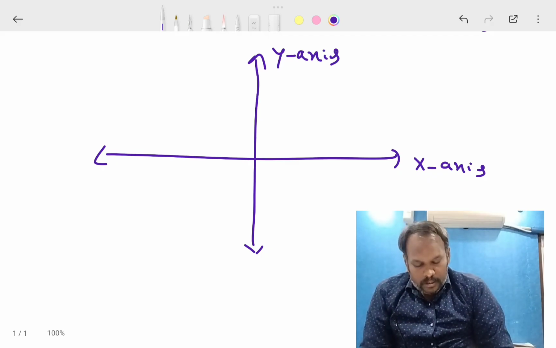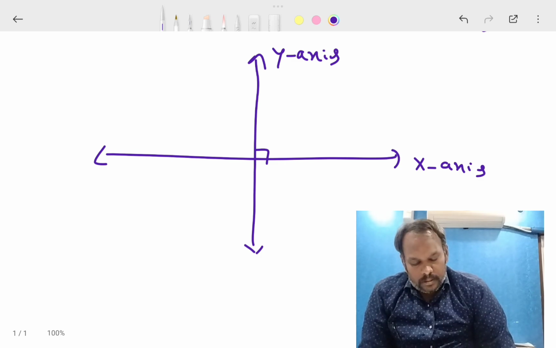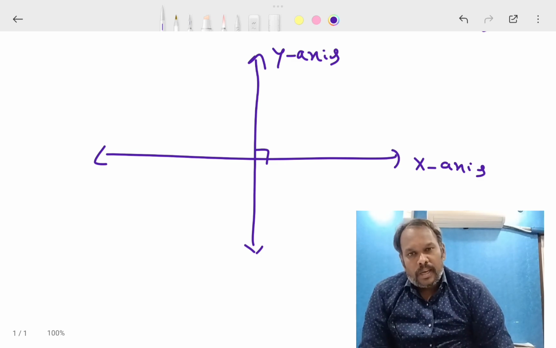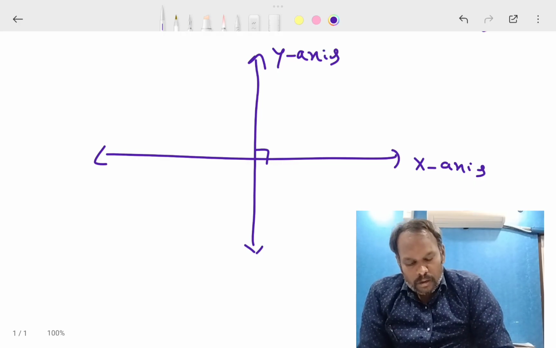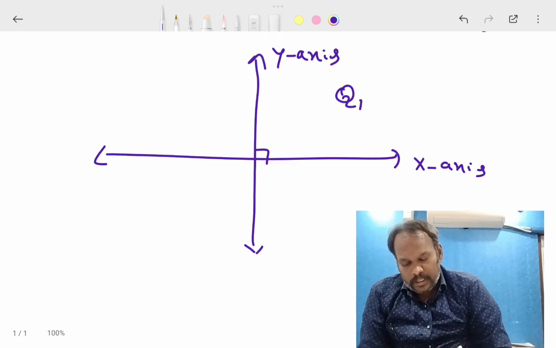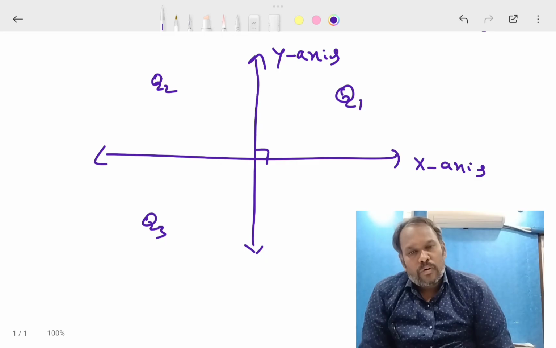So these two lines are mutually perpendicular lines. These two mutually perpendicular lines divide the total plane into 4 equal parts. Each part is called a quadrant. It is quadrant 1, quadrant 2, quadrant 3 and quadrant 4.